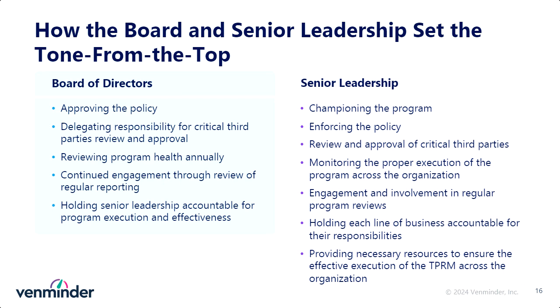While senior leadership really are the champions of the program, they enforce everything in between on third-party risk management. They're obviously monitoring the proper execution of it with the internal resources that you all may have. And then they're providing the necessary resources and resource allocation to make sure that third-party risk management programs are effectively put forth and executed upon.